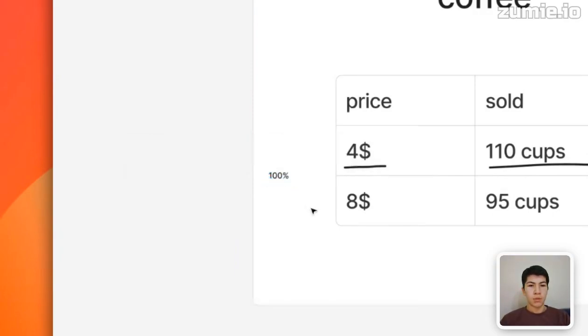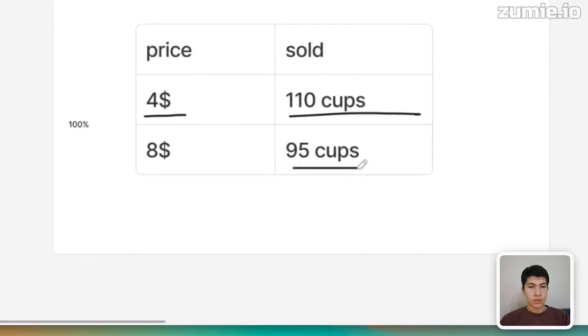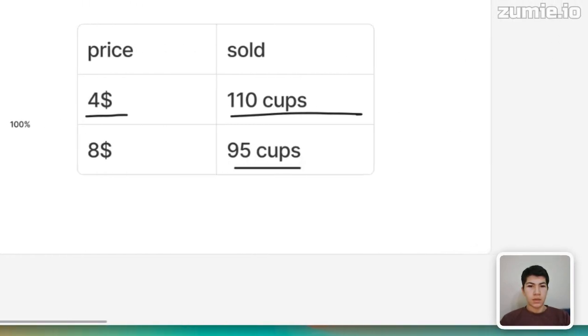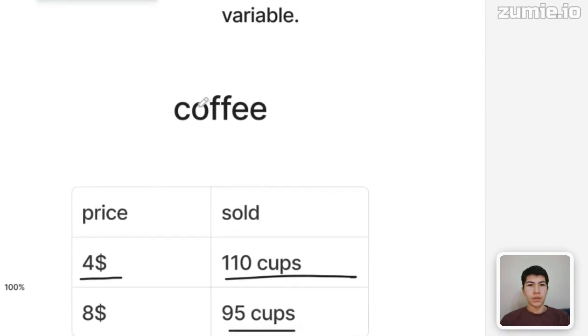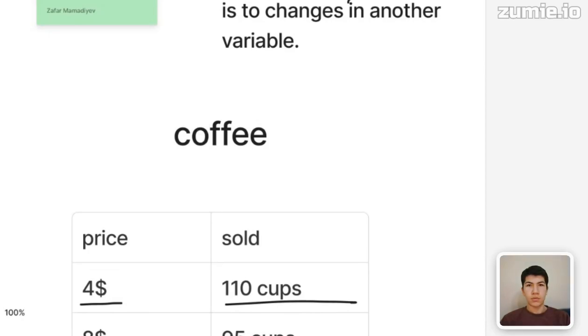The price has doubled, and we can see that little shift in the number of cups sold, and that is called elasticity. So if the change is big, that means the coffee is very elastic, and if it's not, that means the coffee is inelastic.